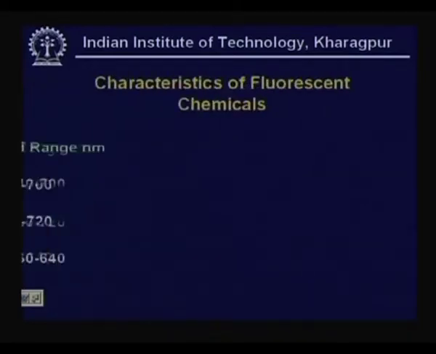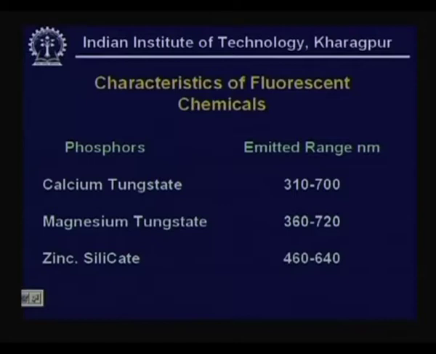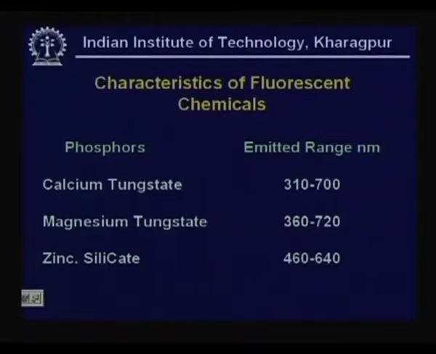Continuing with the characteristics of this chemical, the range of emission, this is also equally important. After having absorbed the light, after going into fluorescence, what spectrum does it emit? That is very important. You see calcium tungstate is around 310 to 700, which means it is covering the entire spectrum of visible zone.